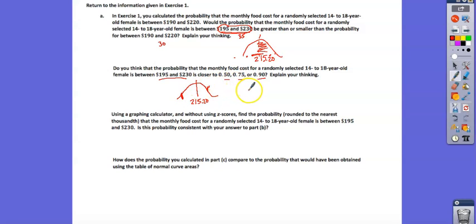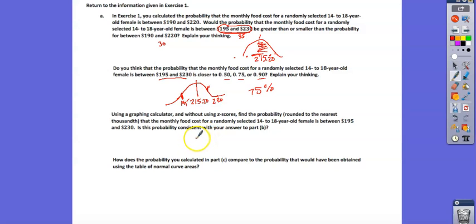I would say it's about 75%. Again, you're just doing an estimate, but you have to look and see where the mean is, where the 195 is and where the 230 is, and how much area is under the curve. I think 90 is too high. I think 50% is too low. So I would go with about 75.